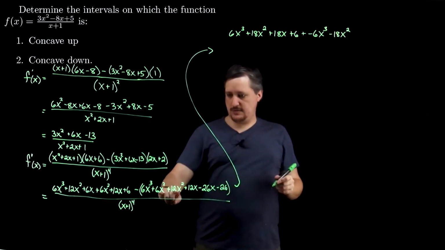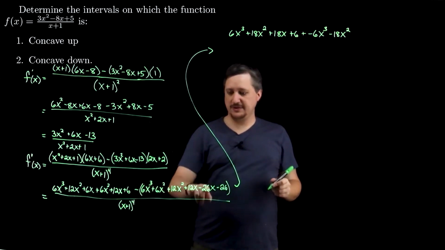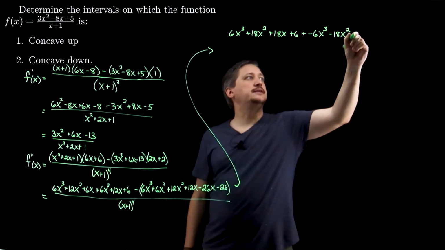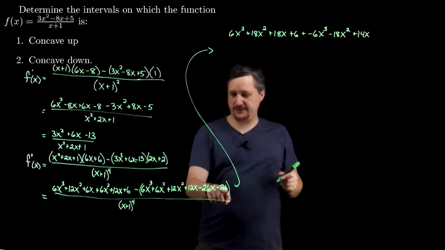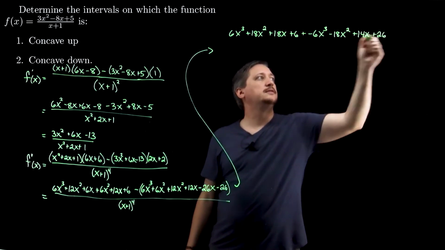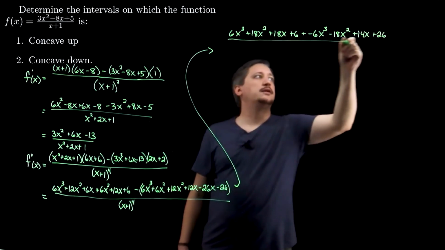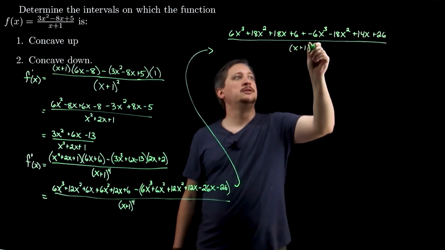And then my regular x's, I have negative 14, so that's going to be positive 14x. And then my constant, the only one I have is negative 26, which taking a negative is plus 26. All over x plus 1 to the 4th.